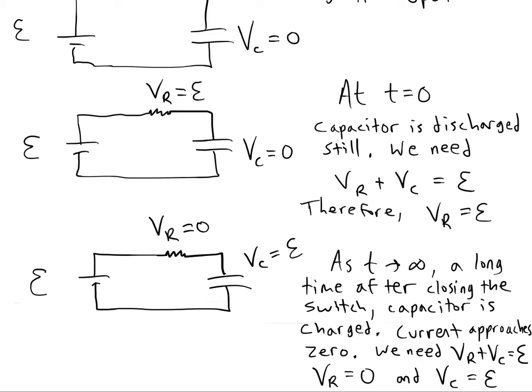This shows the trade-off between voltage across the resistor and voltage across the capacitor, and how when we lose voltage in one, we have to gain voltage in the other.